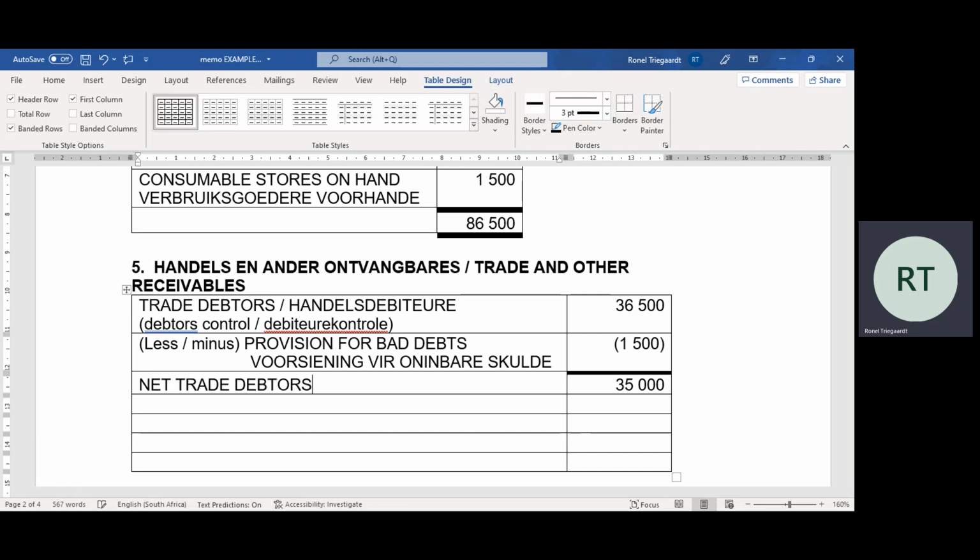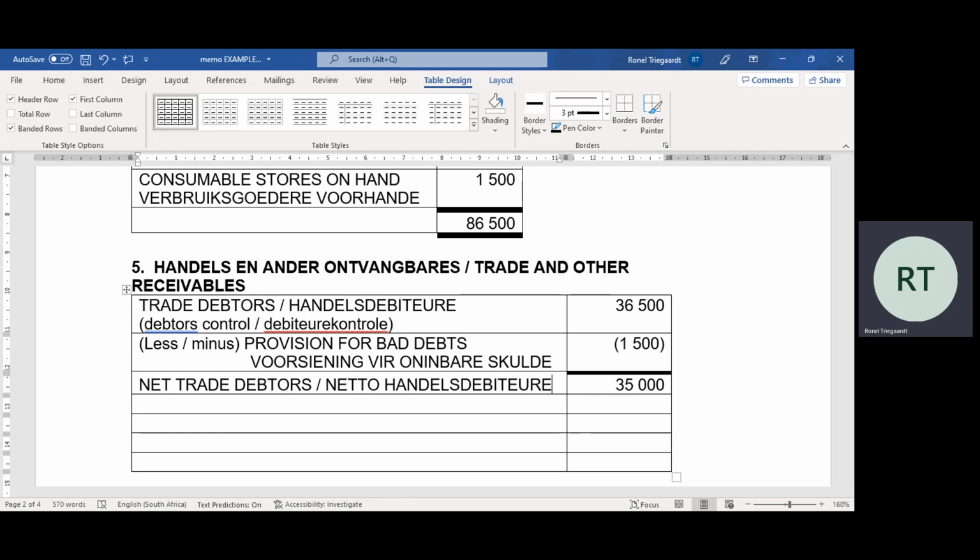That is how much I am more or less 100% sure I will really get in the next year from my debtors. Net trade debtors. It's not how much they really owe you, it's how much you think you are going to receive. Are you with me? Remember, accountants are conservative.